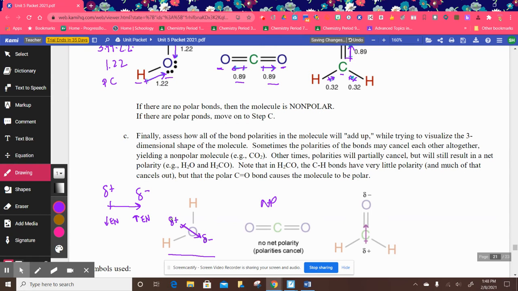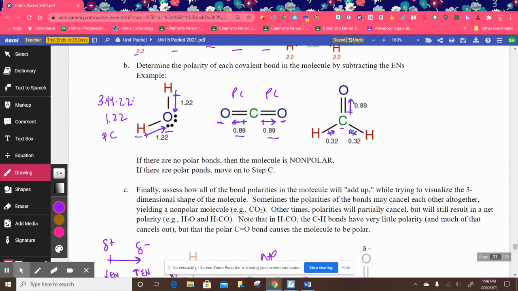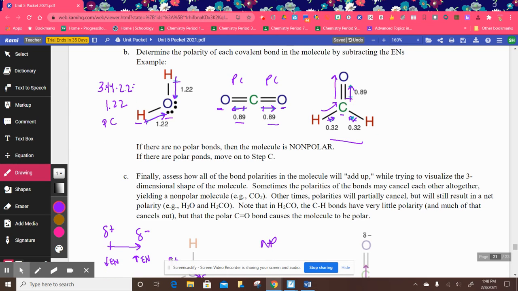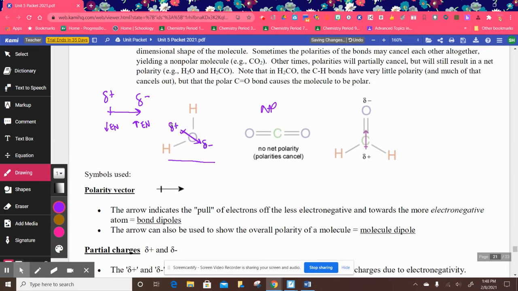If we look at how this adds up in formaldehyde, right here, the pull is toward the carbon and then toward the oxygen. So overall, the pull is toward the oxygen side. So we've got a polarity vector here going toward oxygen with a partial negative at the arrow end and a partial positive at the other end.